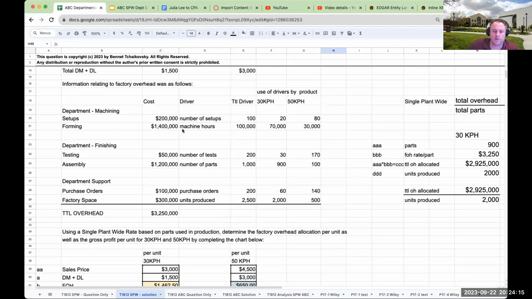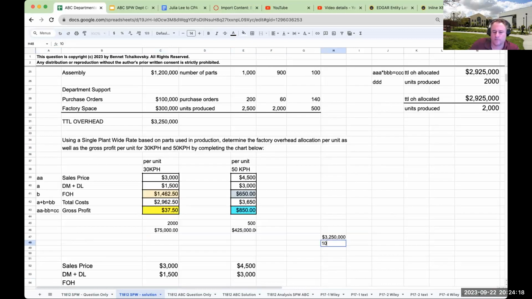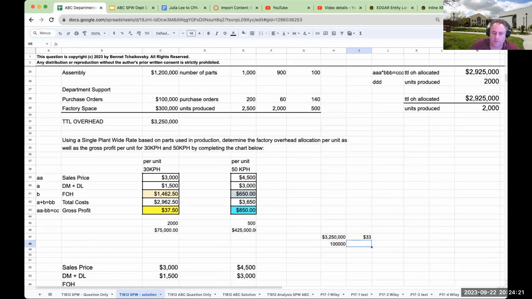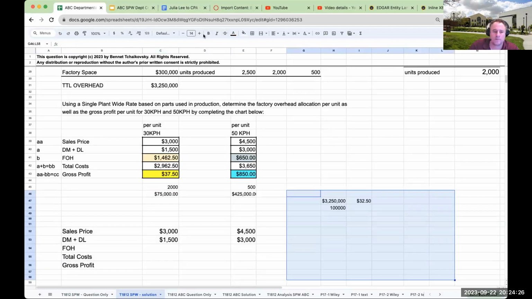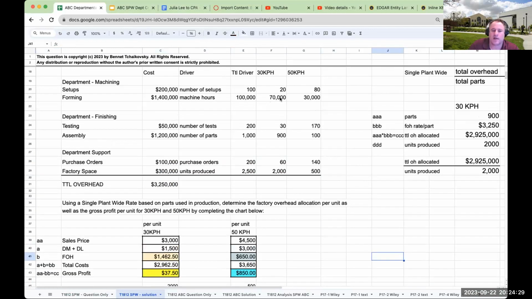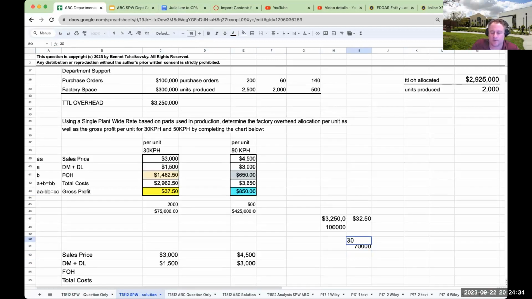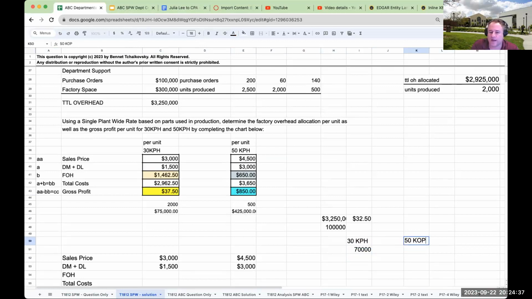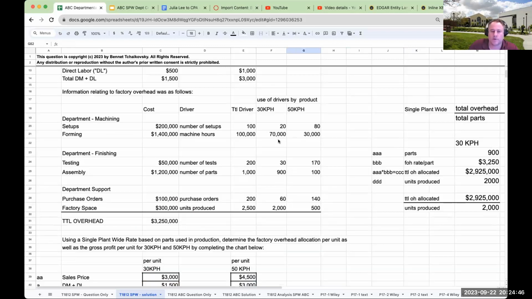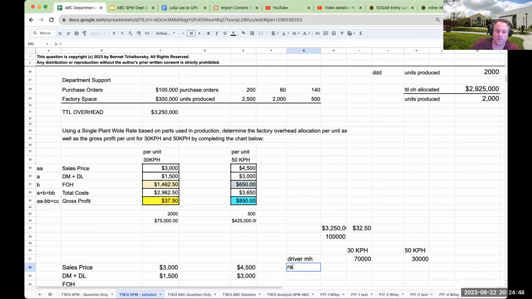My machining hours are 100,000, so my rate per machine hour is going to be 32.50. How does this get allocated? Well, we've got 70,000 for the 30 kph and 30,000 for the 50 kph. These are the drivers, which are machine hours. Again, you do not have to do this for the question.